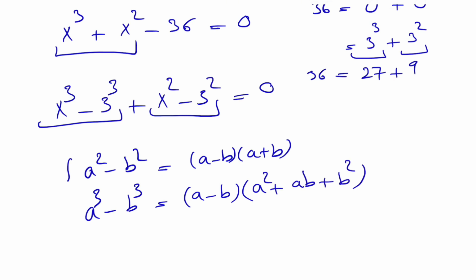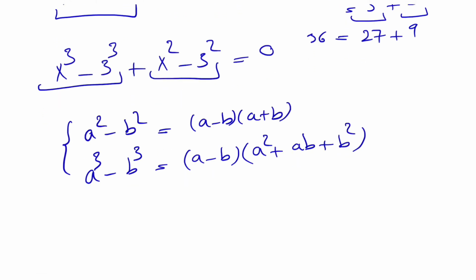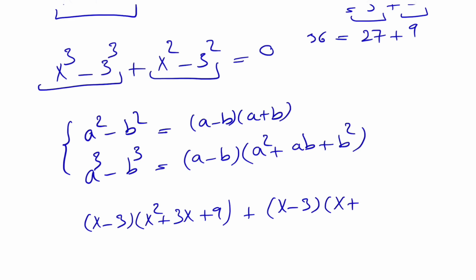So we're going to use these two in here. From the first one, x cubed minus 3 cubed, we'll have x minus 3 times x squared plus 3x plus 9. And in the second one, the difference of squares, we will have x minus 3 times x plus 3 equals 0.